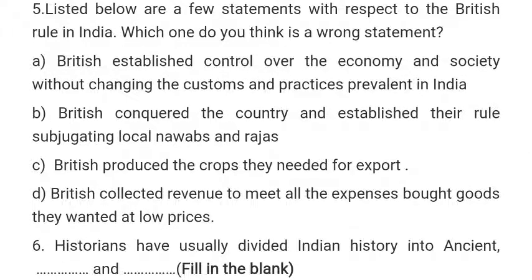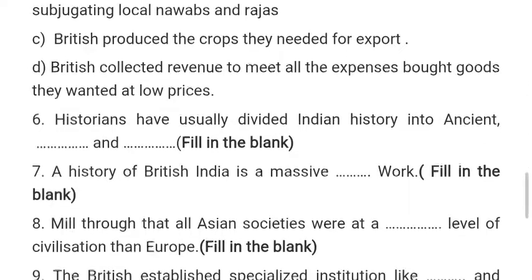Option A, establishing control without changing customs and practices, is wrong. Subjugating rajas, cultivating crops which are needed, collecting revenue, all these are correct. Option A is wrong.